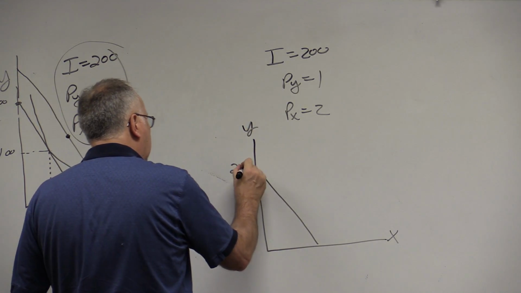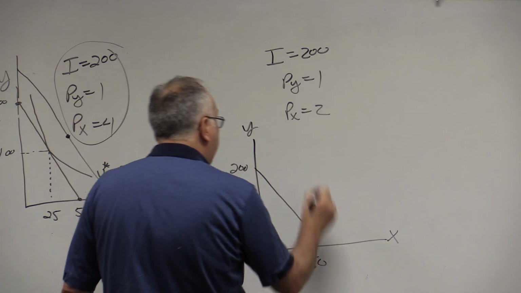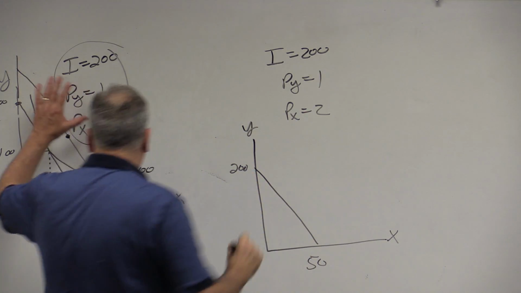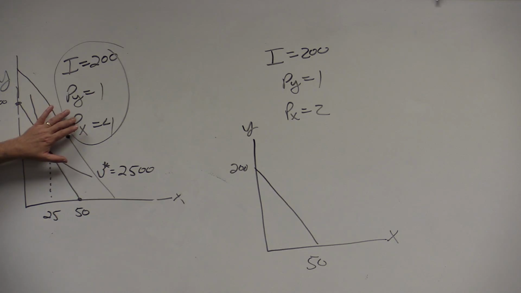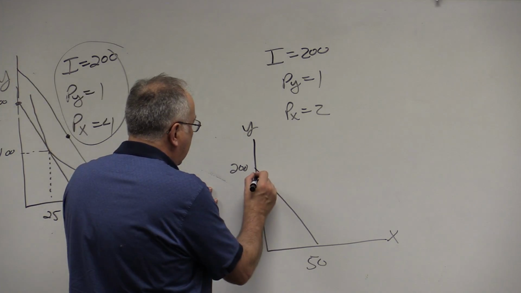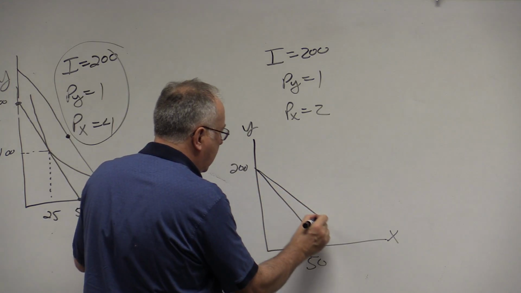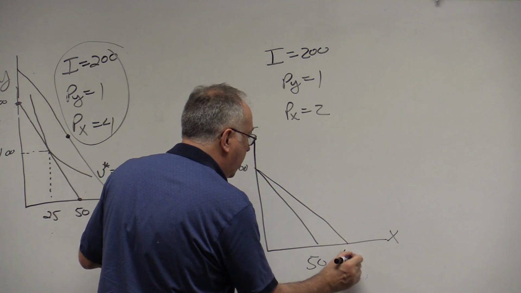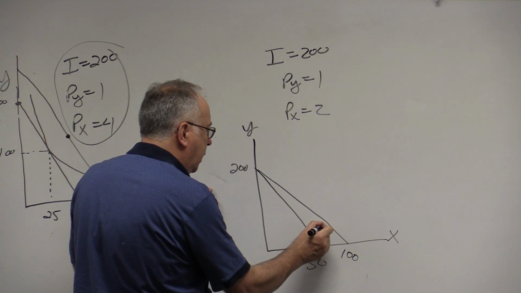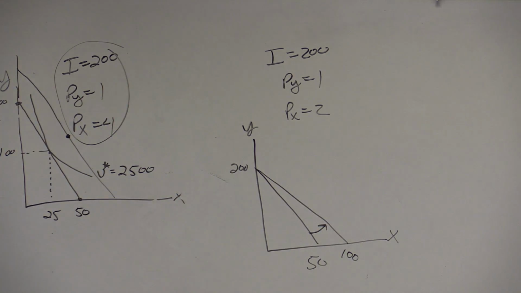Here's 200. Here's the 50. But now if the price of x were 2, it would look like this. So it would become flatter like that. And obviously, consumption of x would increase. But what about the consumption of y?